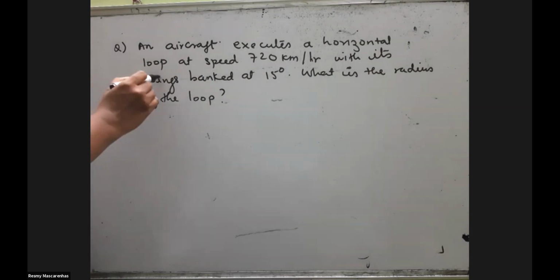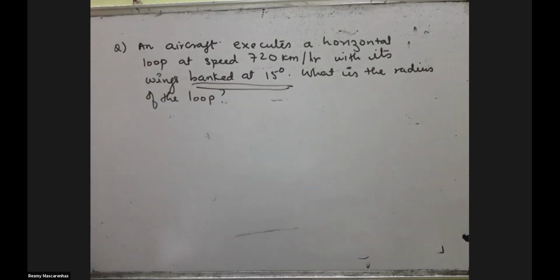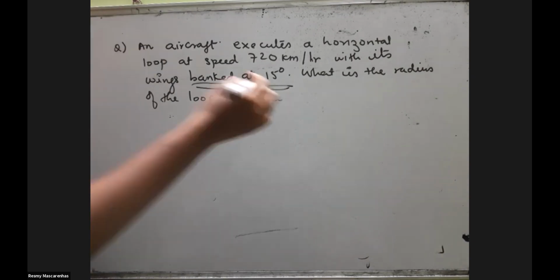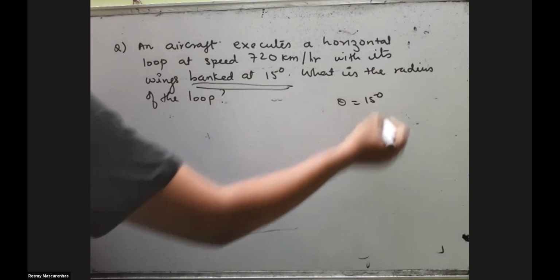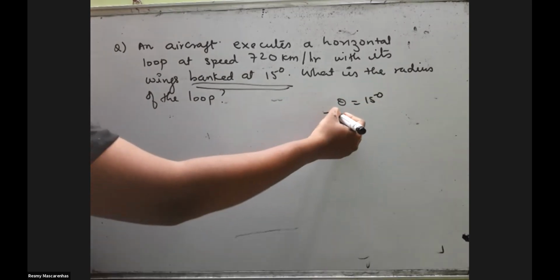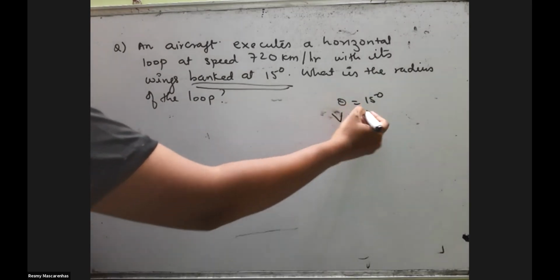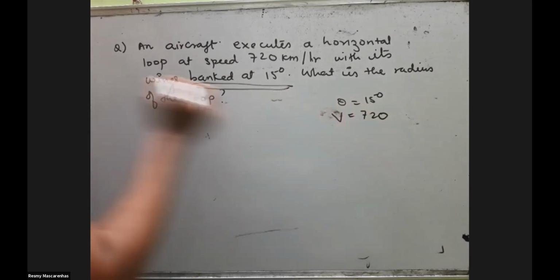So obviously the moment your wing is banked at 15 degree, it means your banking angle has been given, that is theta. Theta is 15 degree. Speed, that is v, is given to you, 720.